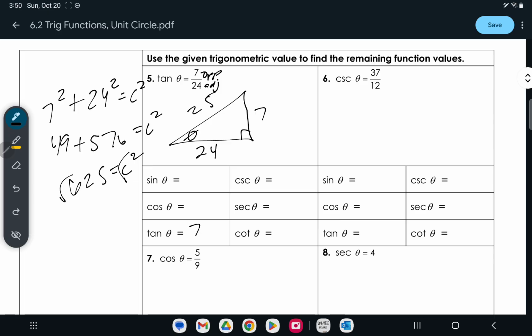So we can find the rest. Tangent, we already know, is 7 over 24. Cotangent has to be 24 over 7. Sine is opposite over hypotenuse, and its reciprocal. Cosine is adjacent over hypotenuse, and its reciprocal.